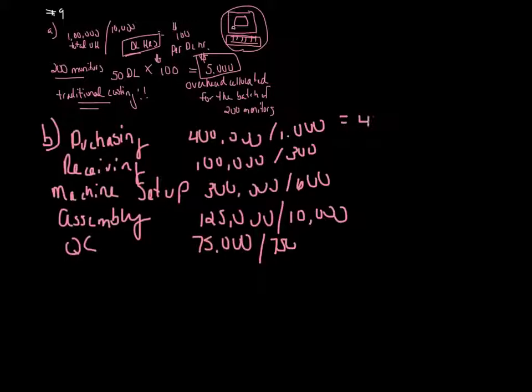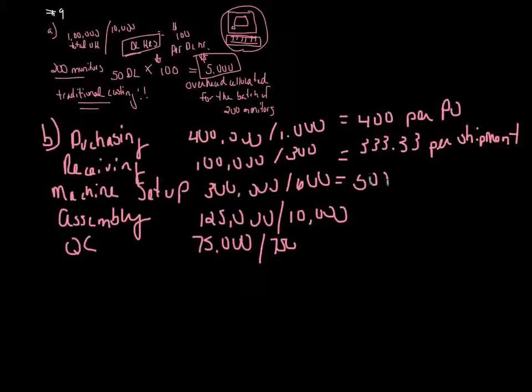We get $400 per purchase order. This should come out to $333.33 per shipment of material. Then we get, for machine setup, $500 per setup.